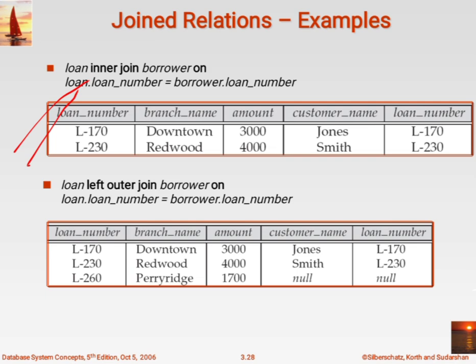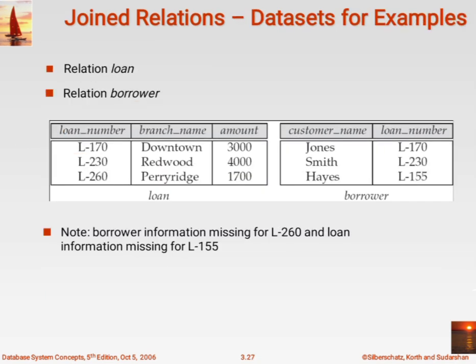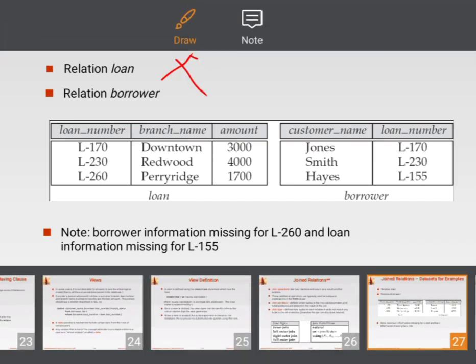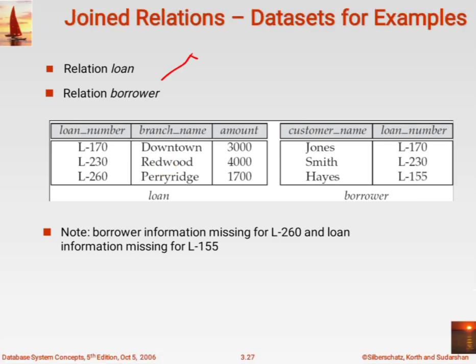If I apply the left outer join, what is the meaning of left outer join? Whenever we apply the left outer join, whichever table is on the left side is considered. Whenever I apply loan with borrower, this is my left outer join.